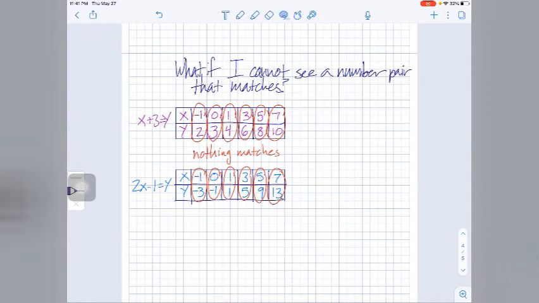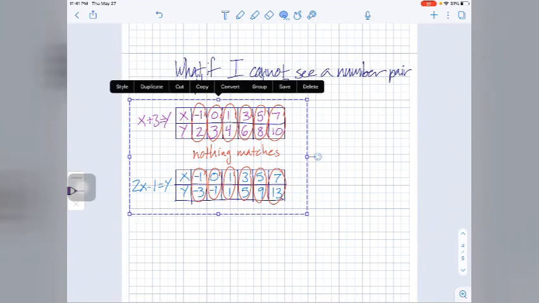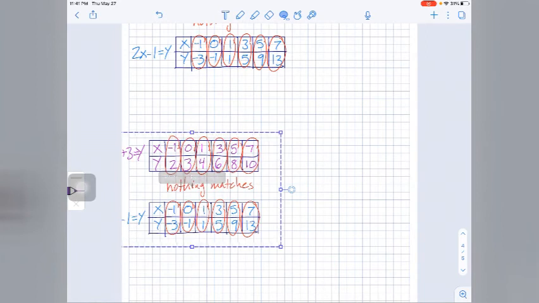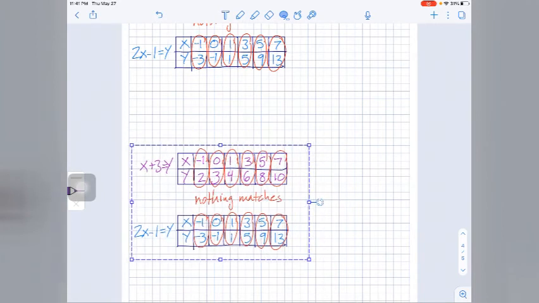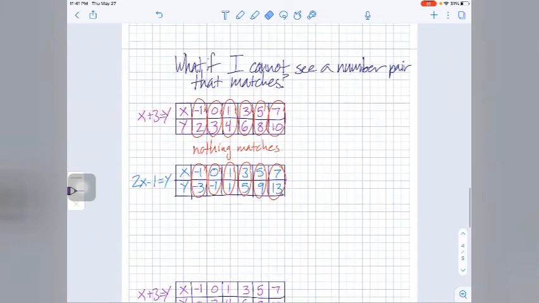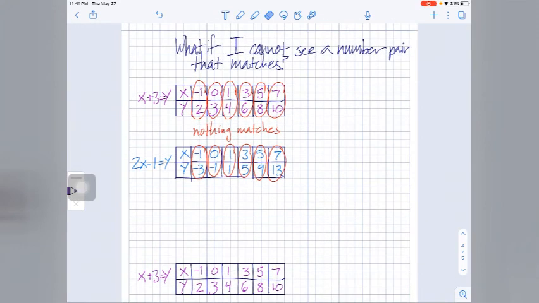So in order to figure this one out, I'm actually going to copy this, and bring it way down here. I'm going to paste it again, just so I don't have to redraw that in a minute. And I'm going to try to erase these red circles on this one, so we can talk about these ones in a minute. Okay, so on this one, nothing matches.